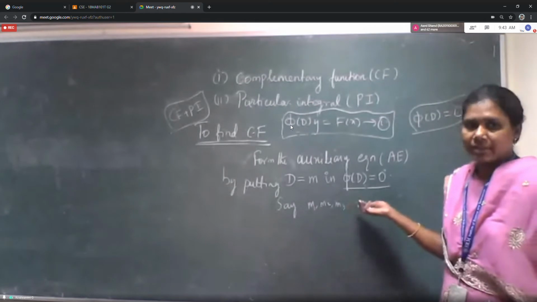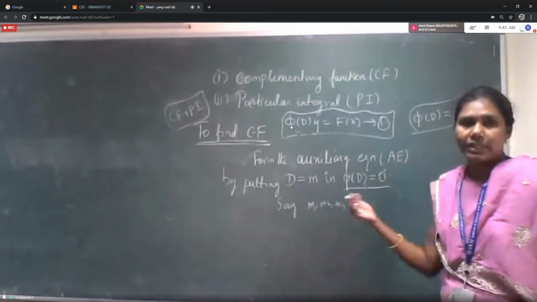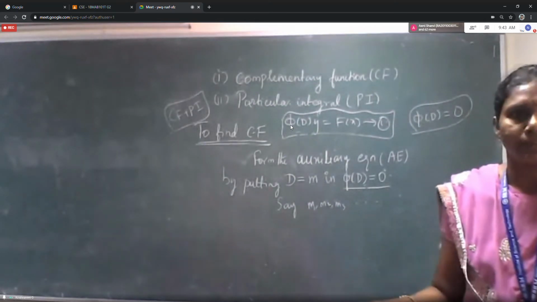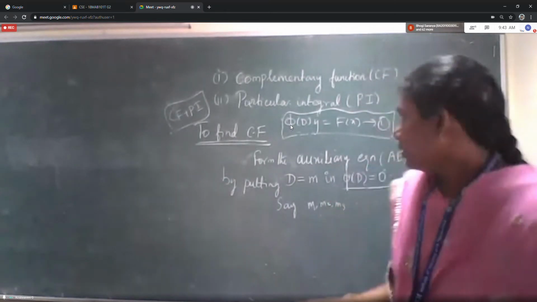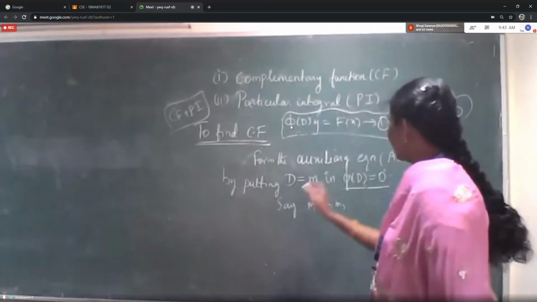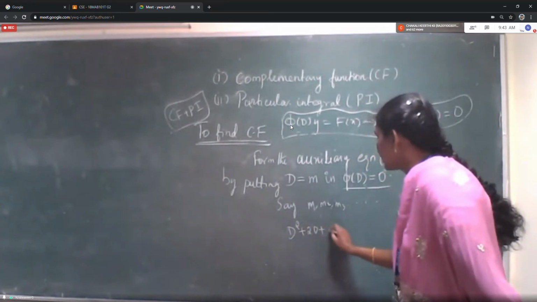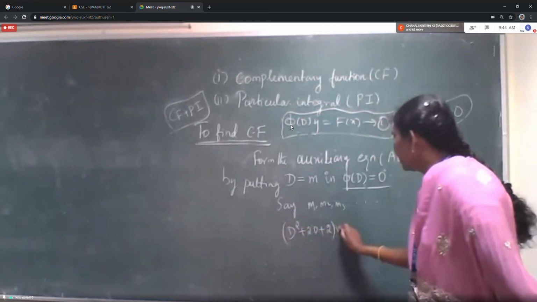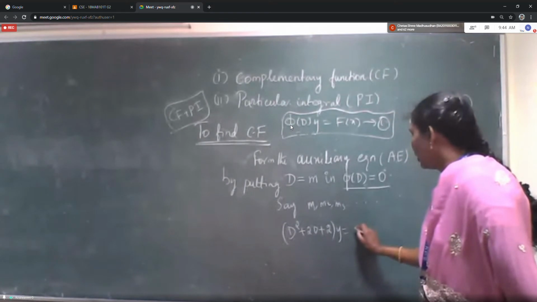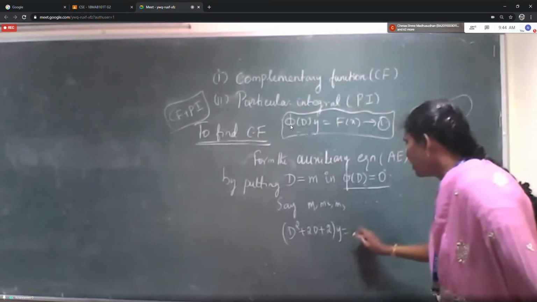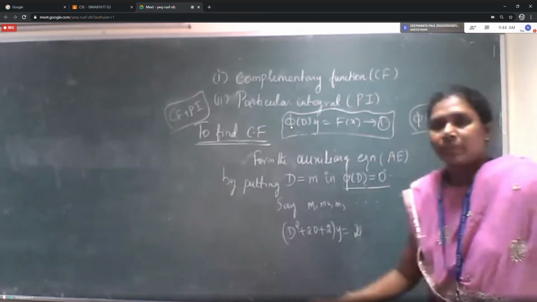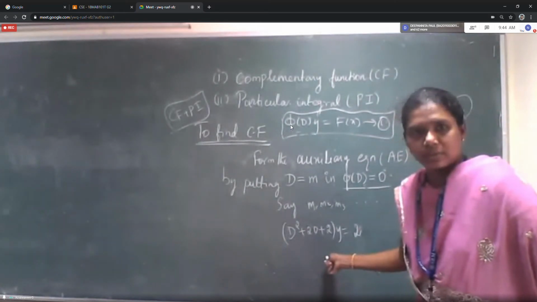In case it is a cubic equation, we will get 3 roots, m1, m2, m3. I will give you an example. In case D square plus 2D plus 2 into y equal to 0 or 2, this is our given equation, for example.